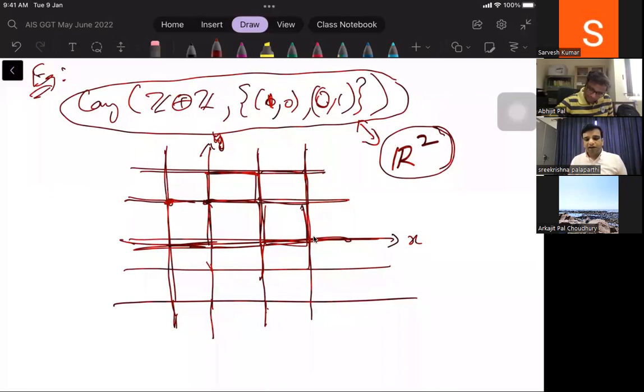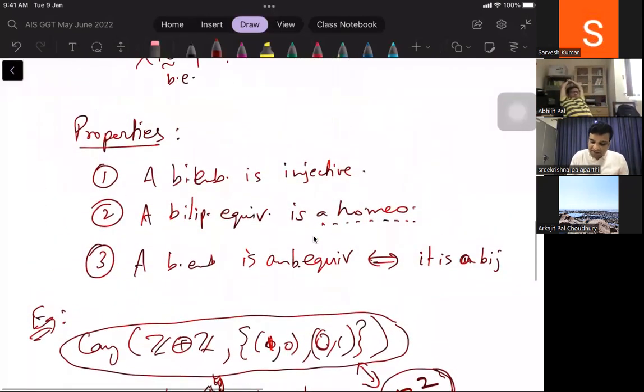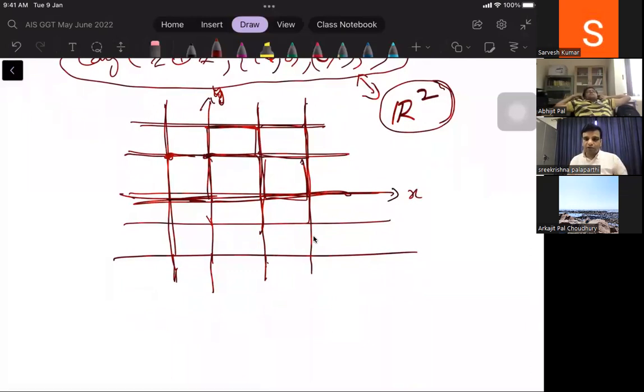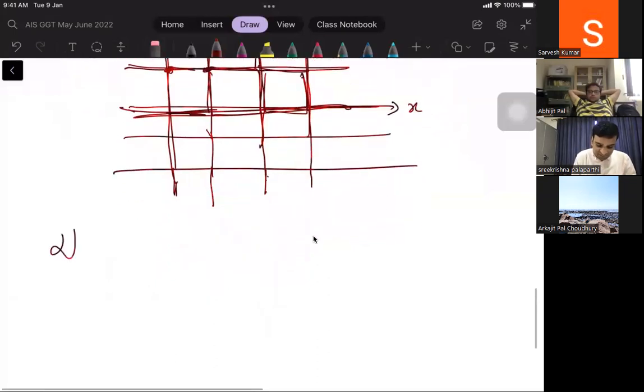So this is not going to be homeomorphic to R2 in any way, and bi-Lipschitz equivalence still is a homeomorphism. It is still remembering some structure which is not desirable if we want to achieve what I just said. So in order to do that, we make a definition of quasi-isometry.